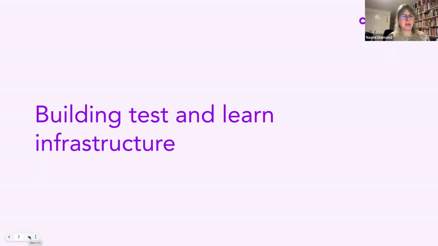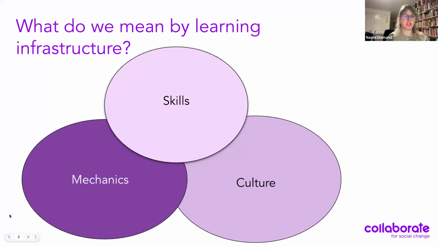There's no specific timeline for that. So I'm going to talk a little bit about what we mean by test and learn infrastructure. On this slide, you can see that we're thinking about this as three interacting features or building blocks: mechanics, skills, and culture.